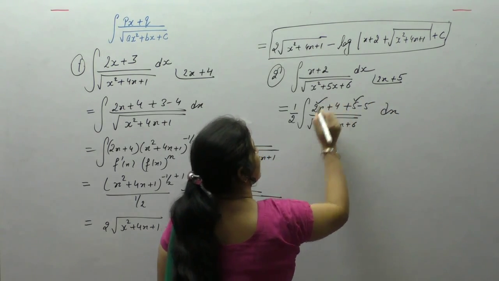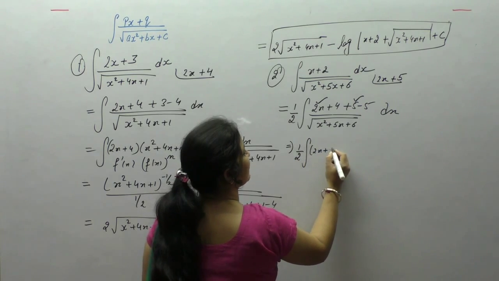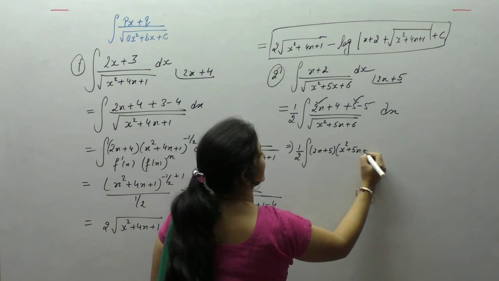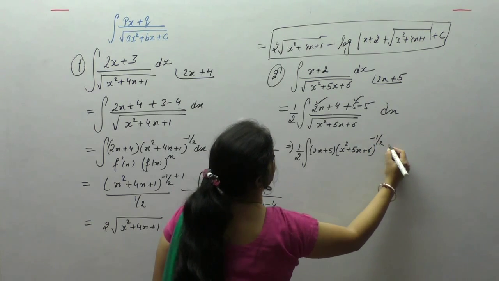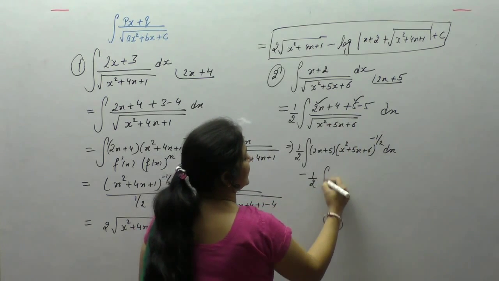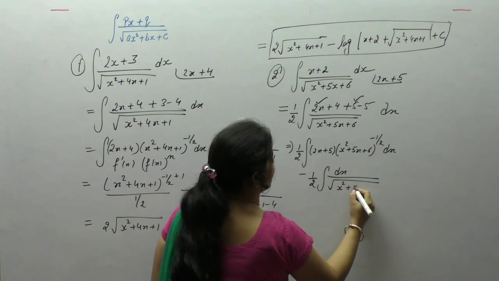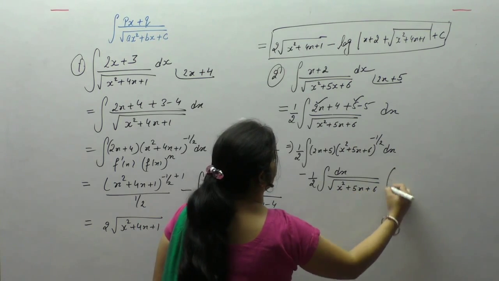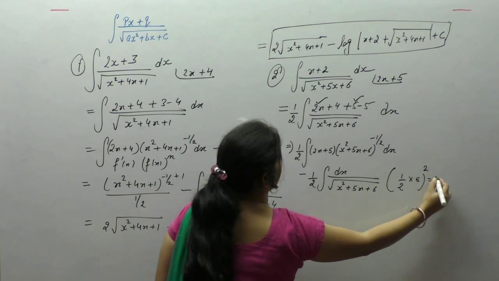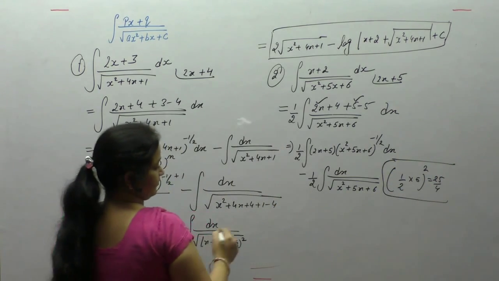Take 2x plus 5 as one term: half 2x plus 5 into x square plus 5x plus 6 power minus 1 by 2. 4 minus 5 is minus 1, minus 1 by 2 dx upon x square plus 5x plus 6. Add and subtract half coefficient of x whole square, 25 by 4.